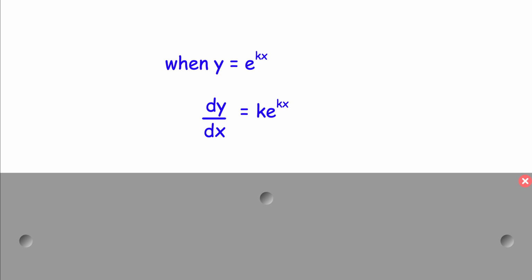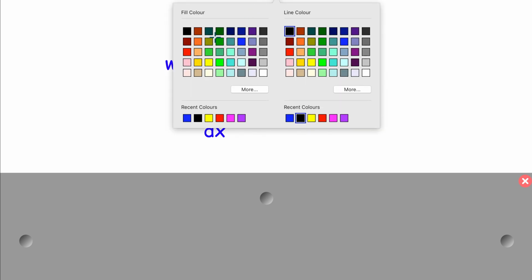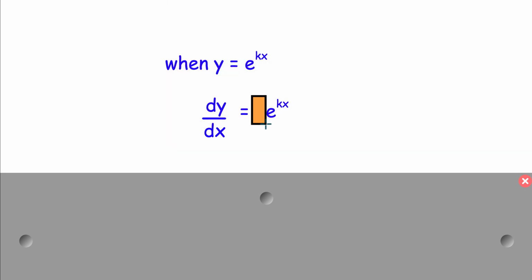So if I was to cover this up, you can see that e to the power of kx differentiates to e to the power of kx, but we times by k as well. Okay, so e to the power of kx goes to e to the power of kx times k.